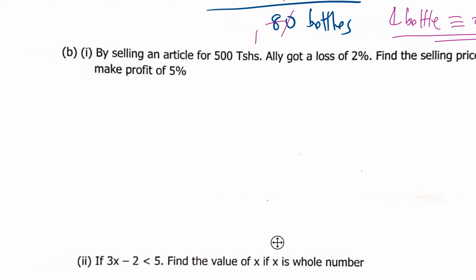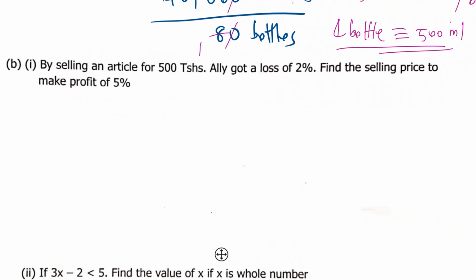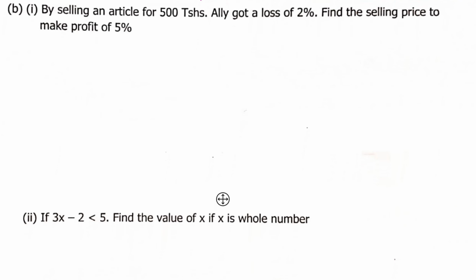Question number 2B part 1. By selling an article for 500 shilling, Ali got a loss of 2%. Find the selling price to make a profit of 5%.